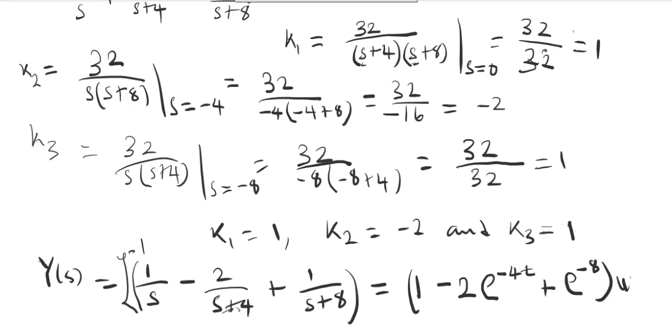Then u of t. So this is 1 minus 2 exponential negative 4t plus exponential negative 8t, all times u of t. Sorry, it's a mistake. So this is the solution, or this is y of t. Why did I say y of s again? This is y of t, okay, because it's now in the time domain.